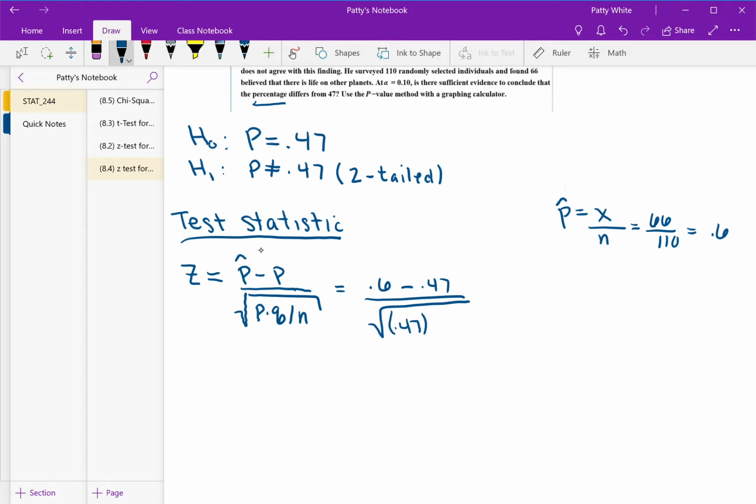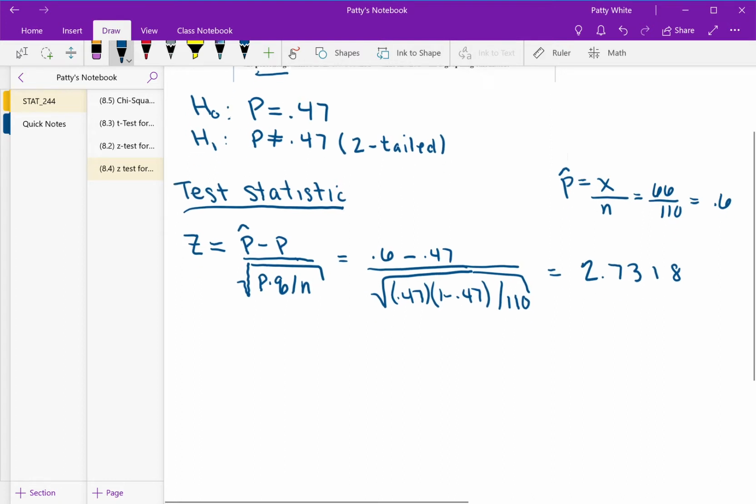And q is 1 minus 0.47. And then that divided by our sample size, which is 110. So when I put that into my calculator, I got 2.7318, I believe. That means our test statistic is 2.7318.